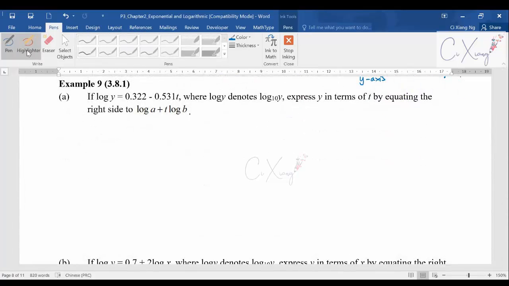Okay, so for example 9, if let's say you're having this equation log y equals to this value, where log y is log base 10 of y, they want you to express y in terms of t by equating the right hand side to log a plus t log b. Okay, so this is your original equation.